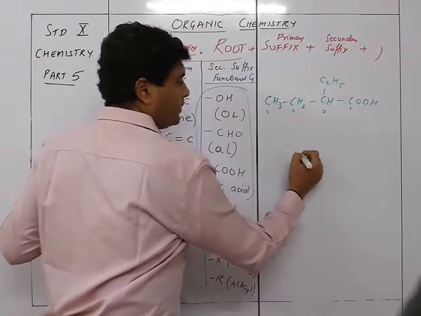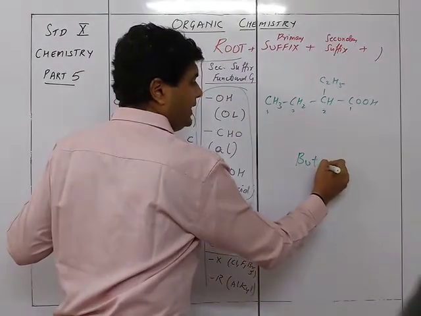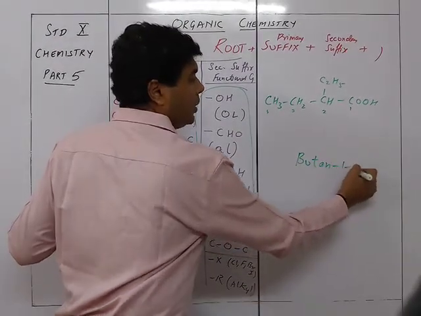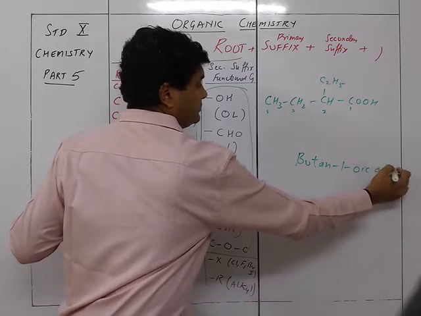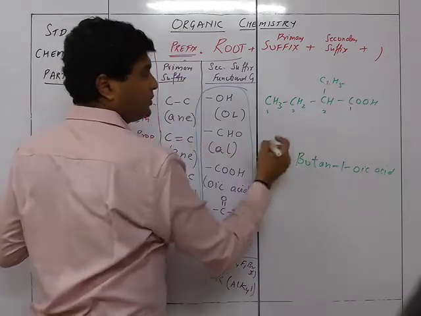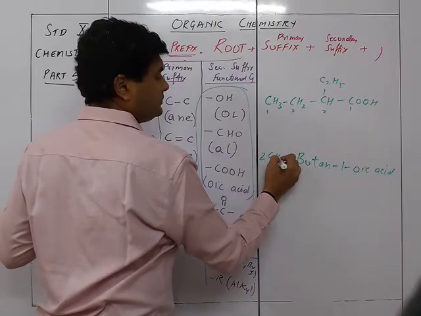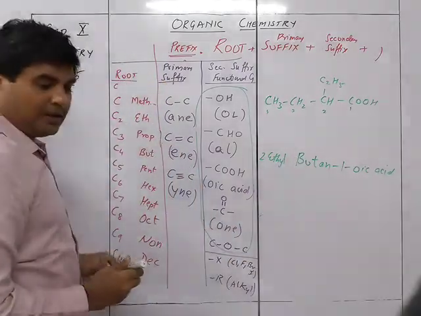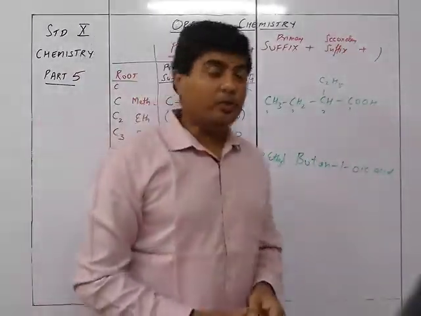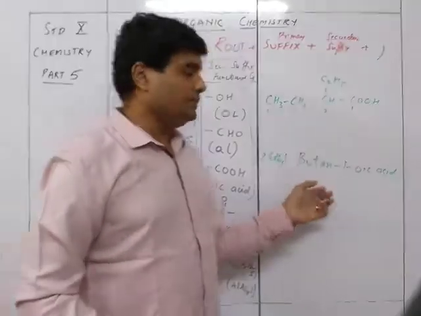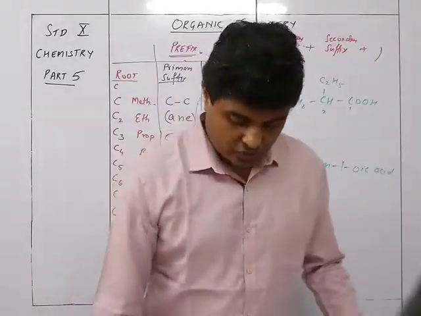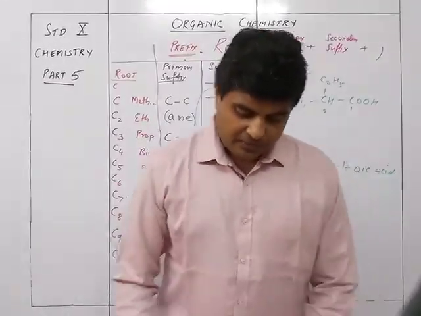So it will be butane 1 oic acid. And for this, it is at 2 ethyl. So 2 ethyl butanoic acid, butane 1 oic acid will be the answer for this one. So that was about the thing from here.